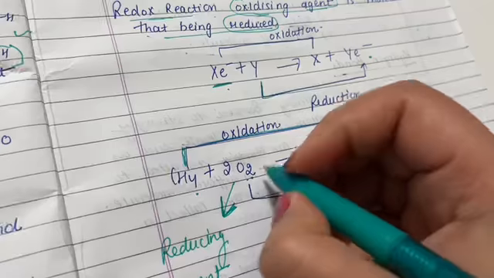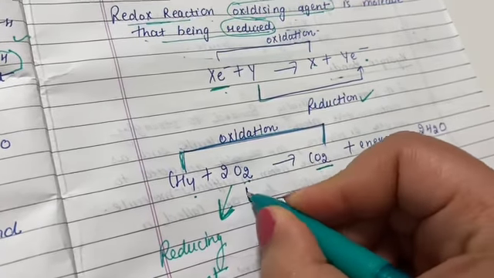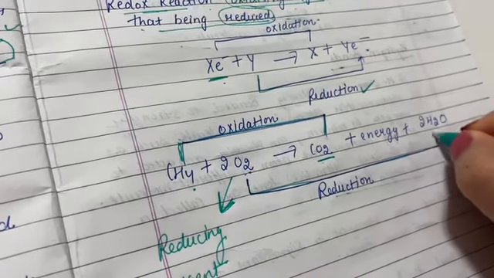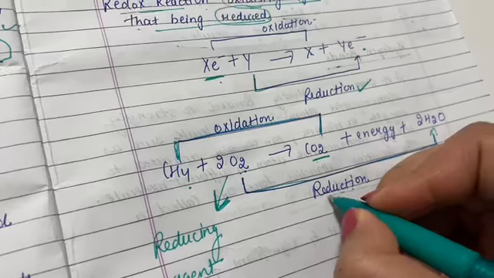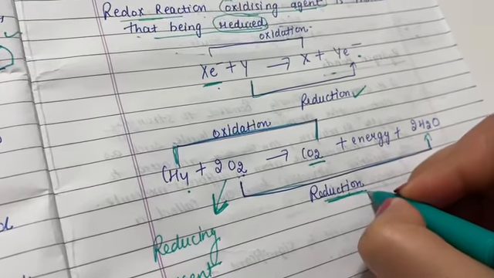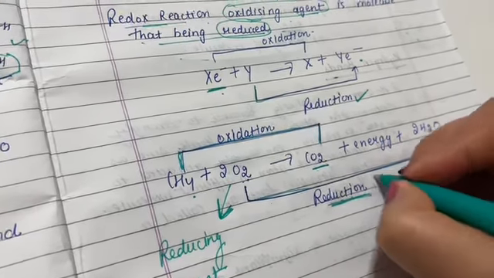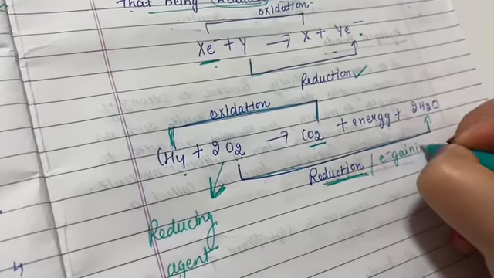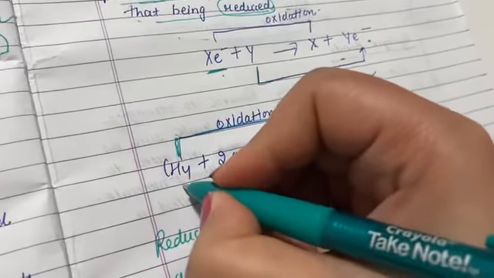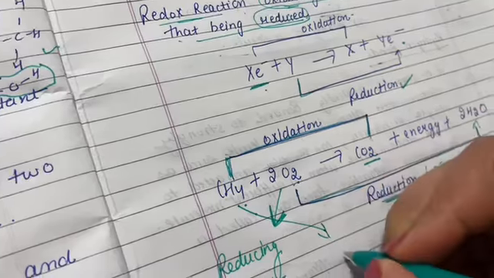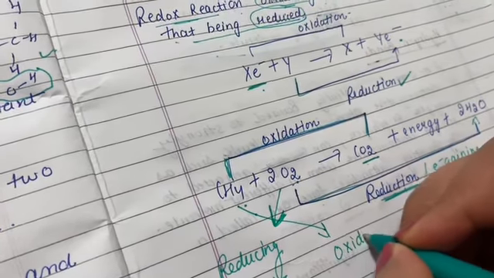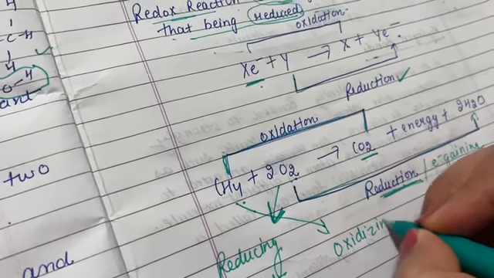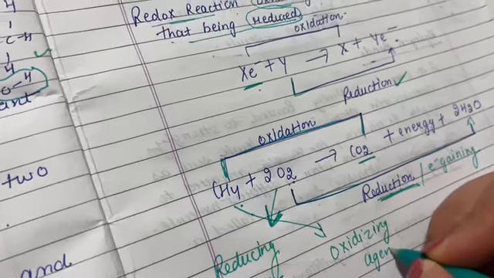Similarly, oxygen is becoming water here by reduction, I mean, or you can say electron gaining. Here methane will be the reducing agent.